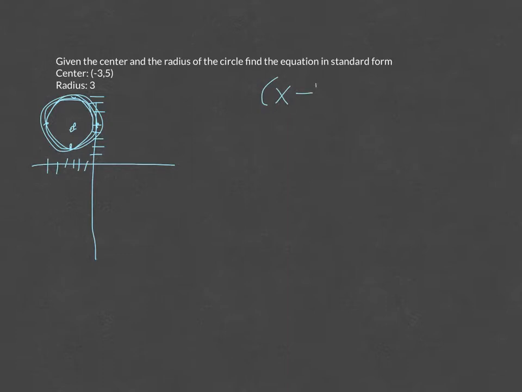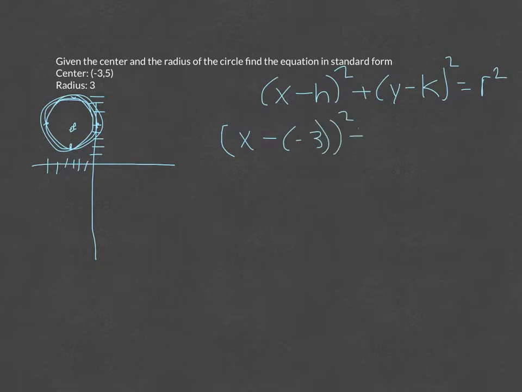Now we're looking for the actual equation in standard form. So the equation in standard form is (x minus h) squared plus (y minus k) squared equals the radius squared. So we have our center is (negative 3, 5). So (x minus negative 3) squared plus (y minus 5) squared equals your radius squared.